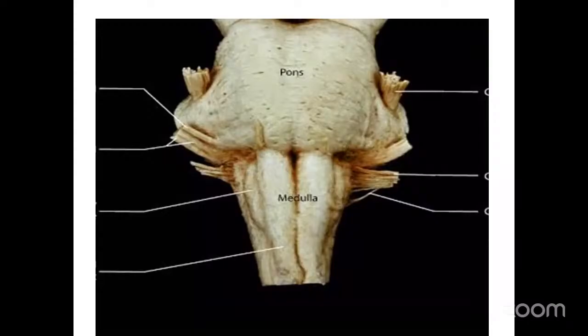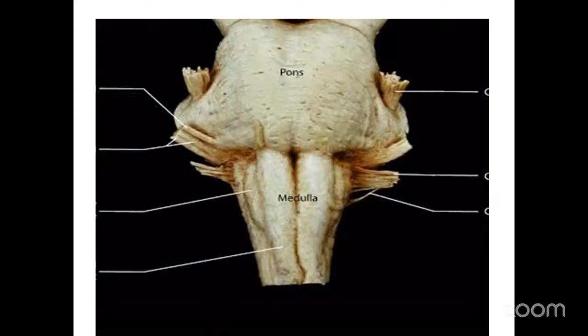On either side of this sulcus are two elevations called the pyramids. Going downward, just above the spinal cord, at the lower side of the medulla oblongata, they decussate. These pyramids are the corticospinal fibers that come from the forebrain or the cortex.